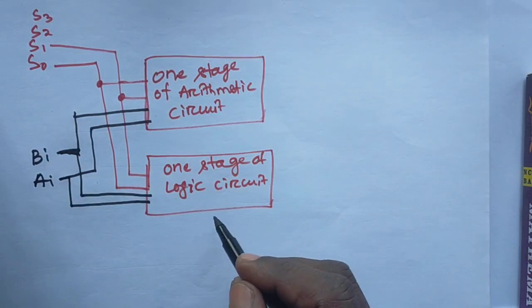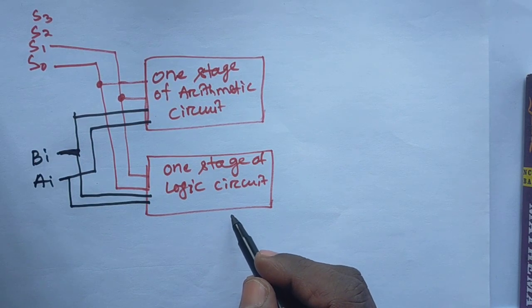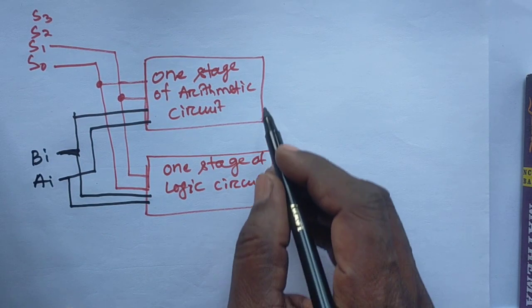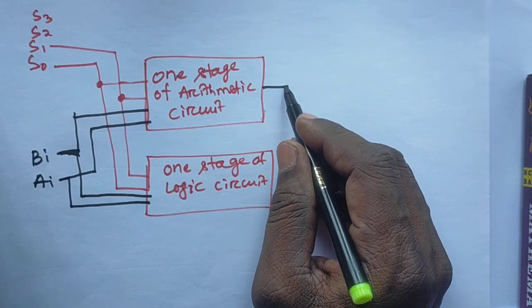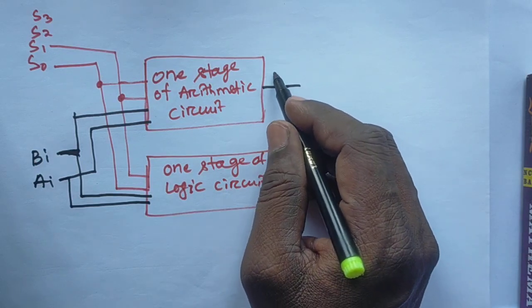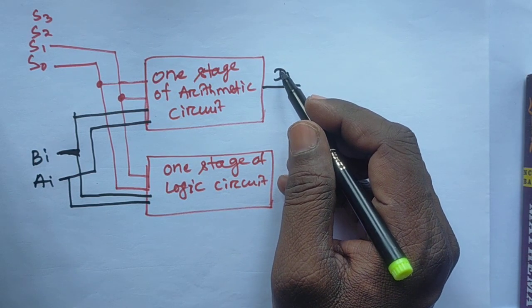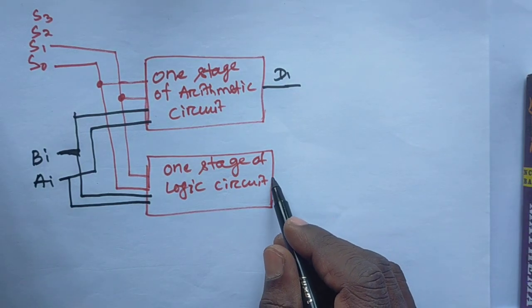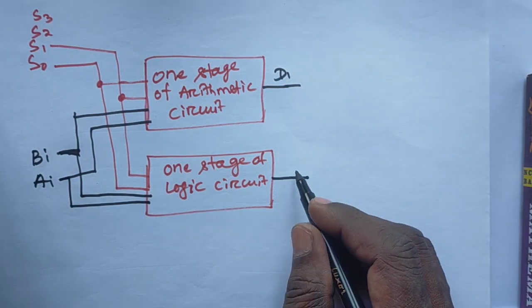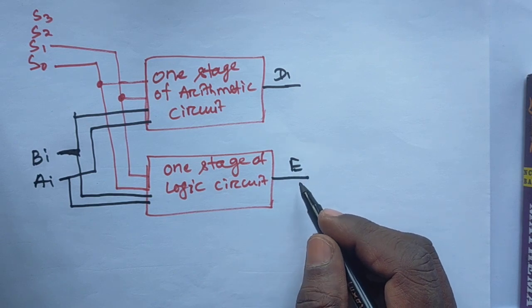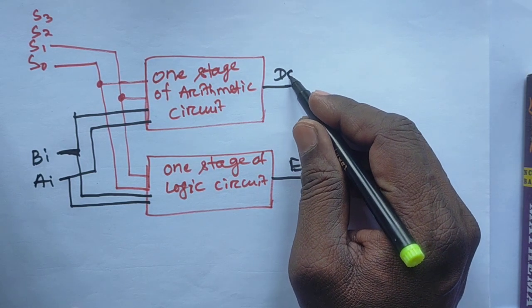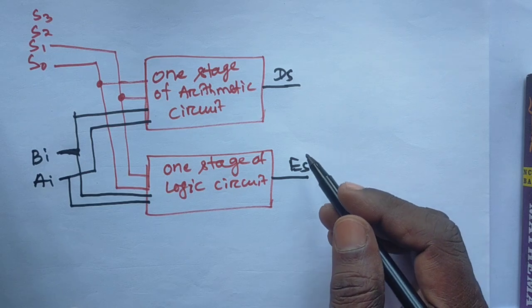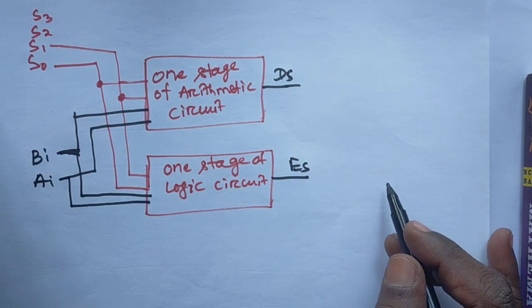Both inputs we will provide. After that, definitely some output we can get here, like suppose DS, or some output we can take here also, E. Here DS or ES, as you like, you can call it anything.